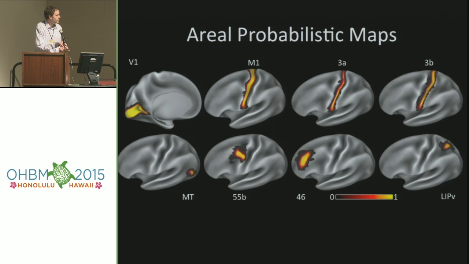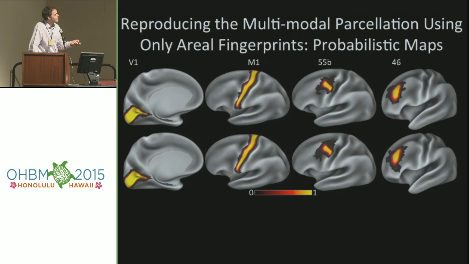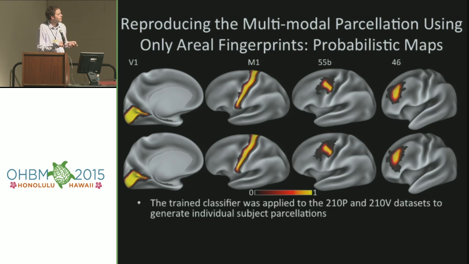Others we have more, some of these higher areas and more higher cognitive regions. And we can very nicely reproduce these probabilistic maps. So the top row is the 210P data set, and the bottom row is the 210V data set.